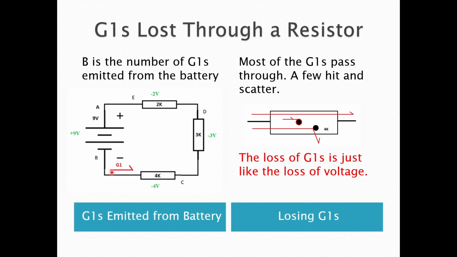So most of these pass through this resistor, some hit and are scattered and are lost. It starts in here with a quantity of B. It loses some, it now has C. Same thing happens here. The C enters, you lose some, you get D. D enters, you lose some, you get E. And then in terms of my spreadsheet, I make E equal to A, and I continue this another cycle.